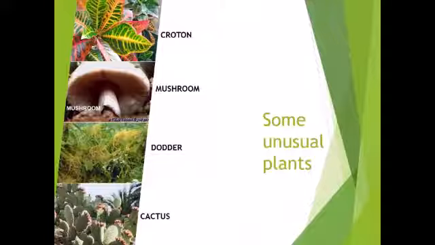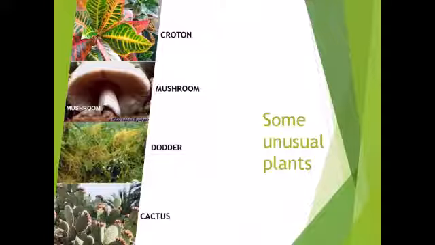Then the next type of plant we will discuss is the dodder plant. Dodder plant is also called amar bel in Hindi, and this plant is found hanging on other green plants.